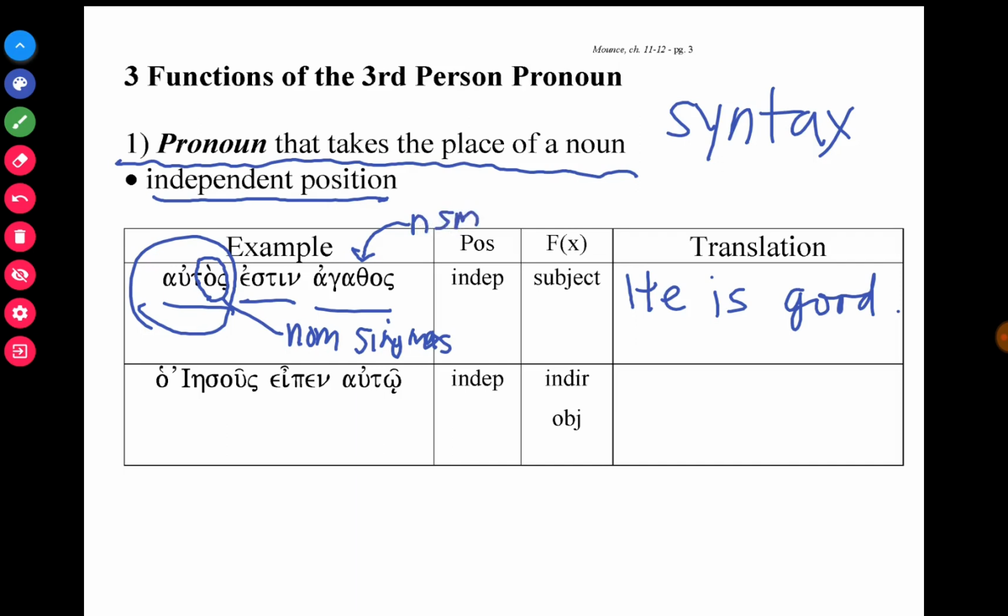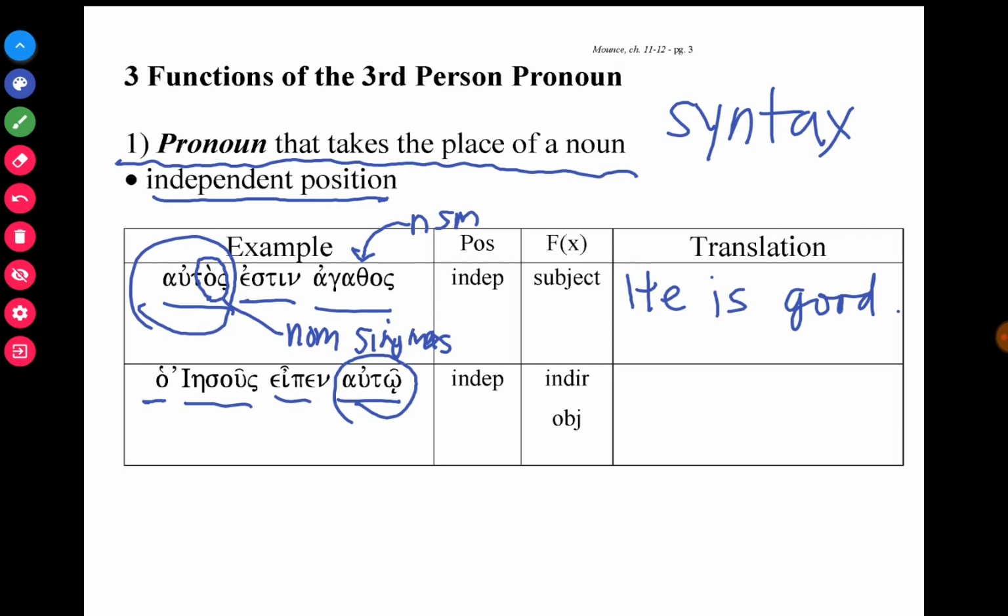In the second example, ho Iesous eipen auto, auto is also a pronoun used to replace some other noun. There is an antecedent to auto, but here it's being used as an indirect object. And so as long as the pronoun takes the place of a noun, it can be anywhere in the sentence.